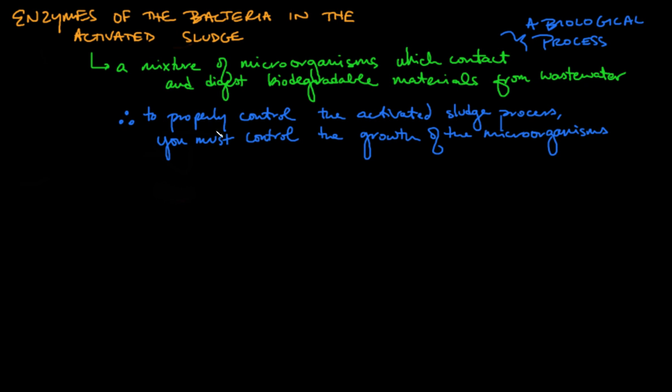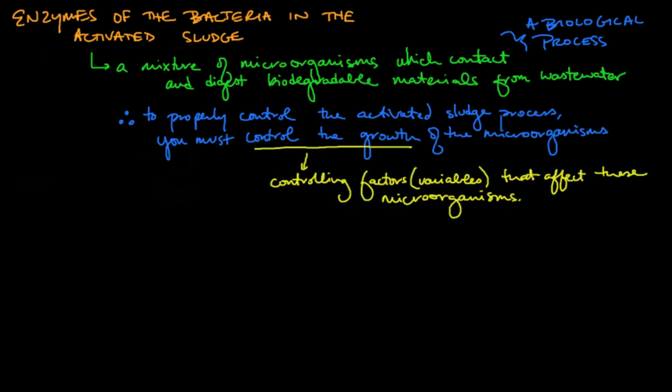And in order to do that, we must control the growth of the microorganisms. So we have to control how quickly they grow, therefore how efficiently they can be doing their job of breaking down organic compounds. So to control the growth, what we need to be doing is controlling different factors and variables that affect those microorganisms. So you know that aerobic microorganisms or aerobic bacteria need oxygen, and so you saw them bubbling.